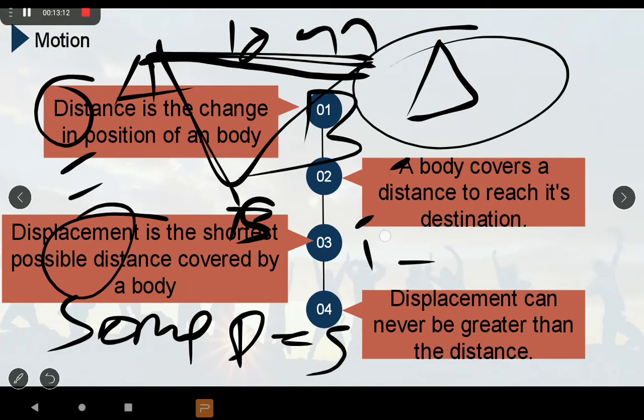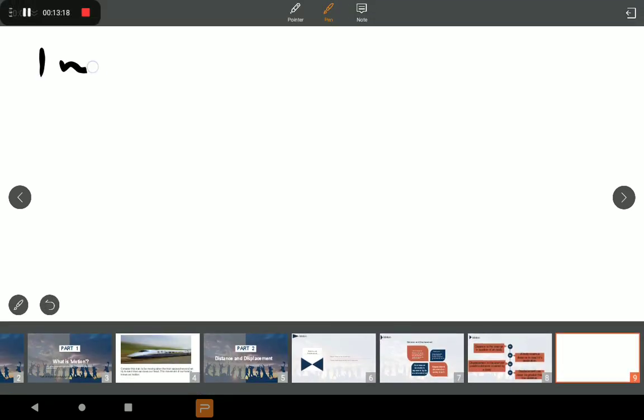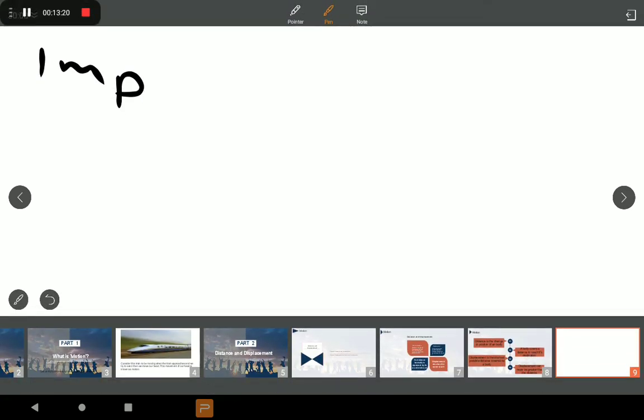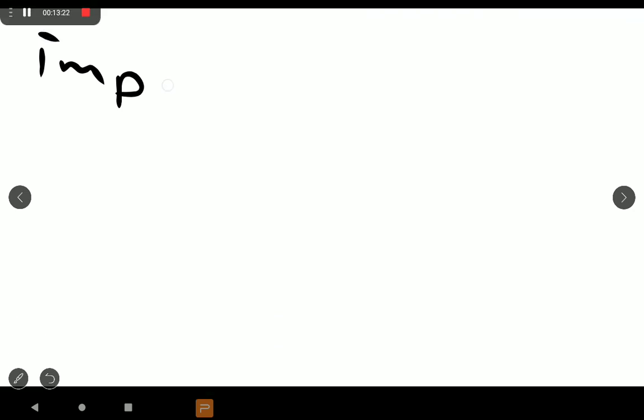And an important thing, let me give you the important points. Displacement can never be greater than the distance.